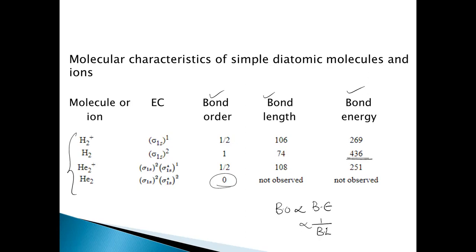We have studied this in my previous video while dealing with molecular characteristics. So when the bond order is 1, definitely the bond energy will be more compared to when the bond order is less, because bond order is directly proportional to the bond energy. And when bond order is 1, the bond length is 74, which is less, compared to H2 plus, where it's 106.